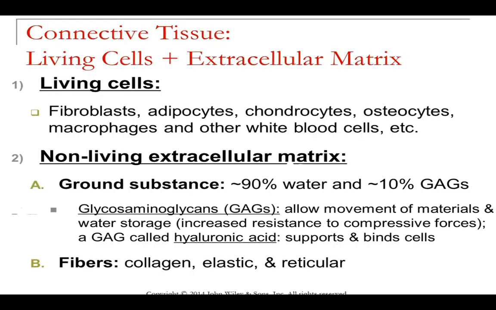But anyways, we could just call them GAGs. The majority of ground substance is water, but there are also going to be these GAGs floating around. A cool thing about these is they allow the movement of ions, and they help with water storage and water retention. So that's going to keep connective tissue hydrated, and it's going to help connective tissue resist compression.